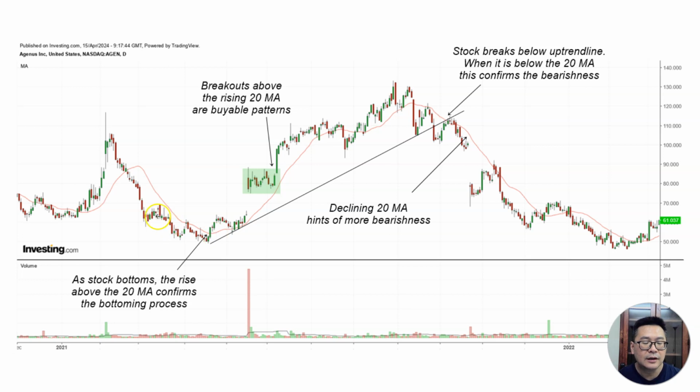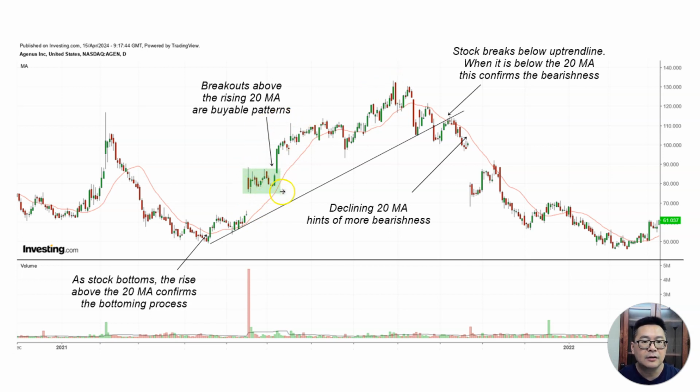So if you have a double bottom pattern and you see the stock going back above the 20 MA, this rise above the 20 MA confirms the bottoming process. There's no way that the stock will bottom without going back to the 20 MA. This is the first hint that it wants to bottom, kind of like a double bottom pattern, and boom, all the way up, gap up. You can see the rising 20 MA already tells us that it wants to move higher to here.